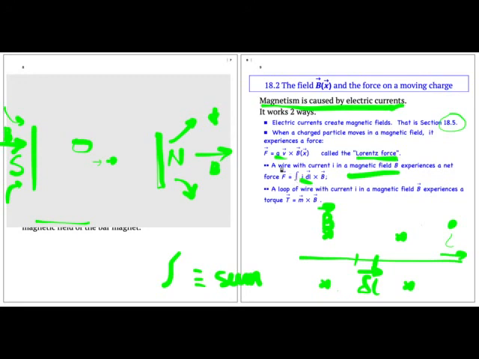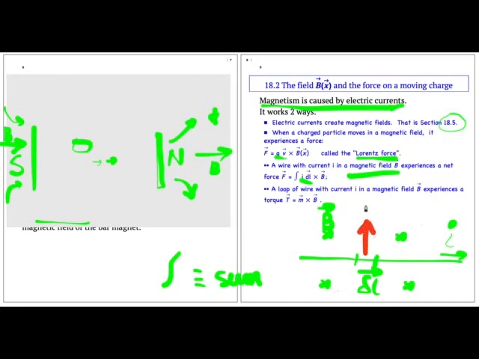Now what's the direction of the force? Let me put the direction in another color. You have to use the right-hand rule. dl cross B. dl is this way. B is pointing away. If the fingers of your right hand curl from the direction of dl to the direction of B, your thumb points in the direction of the force, the cross product.